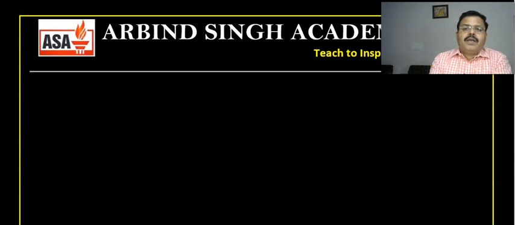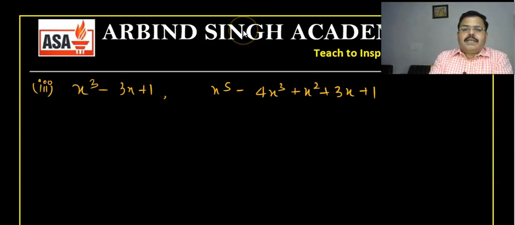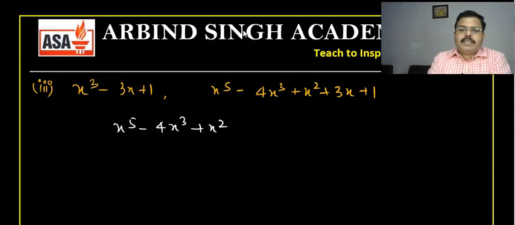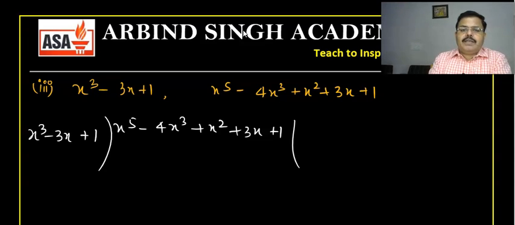And now one more question of this subsection. The first factor is x cube minus 3x plus 1, and the second is x to the power 5 minus 4x cube plus x square plus 3x plus 1, and we need to divide by x cube minus 3x plus 1.